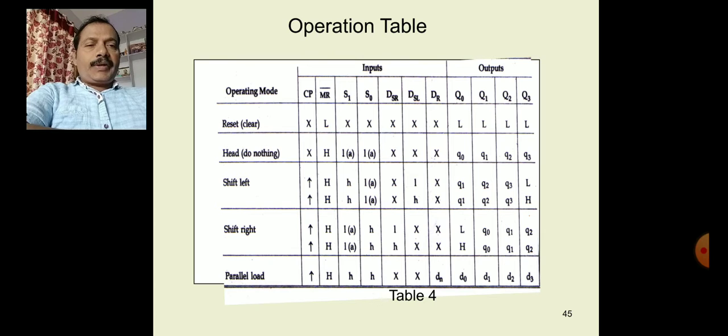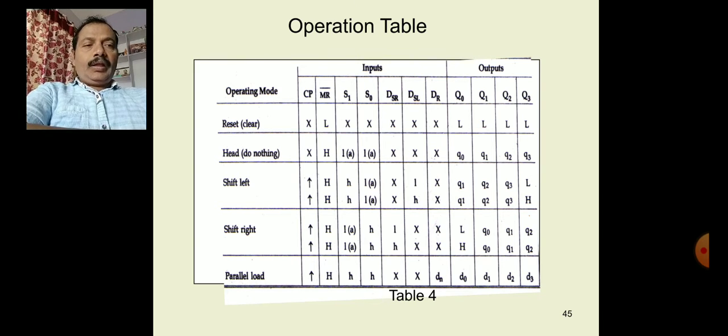Next, shift left operation, and in the shift left operation, the mode bits are set accordingly. S1 is 1, and for each clock event you see how the data is shifted. Because it is shift left, the Q3 bit is loaded with 0.